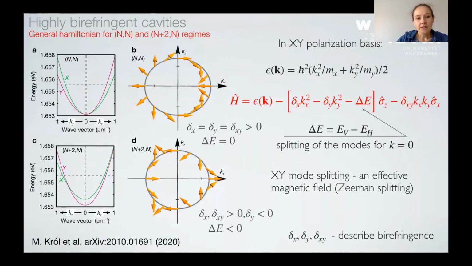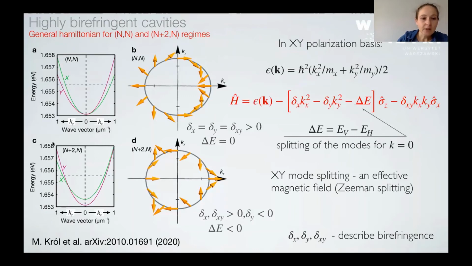So now what I described, just to summarize a little bit, is these two regimes. We have the regime of the typical spin Hall effect, when we have only the TE and TM splitting of the modes at a given momentum, with zero splitting at k equal to 0.